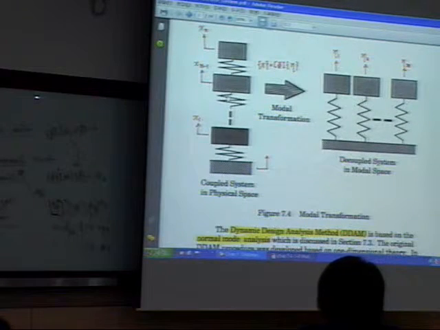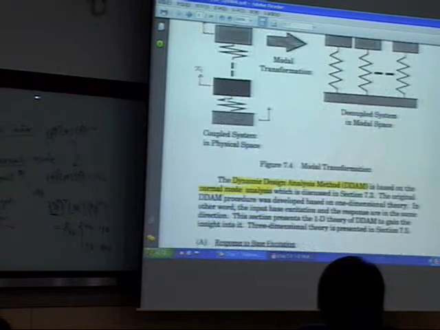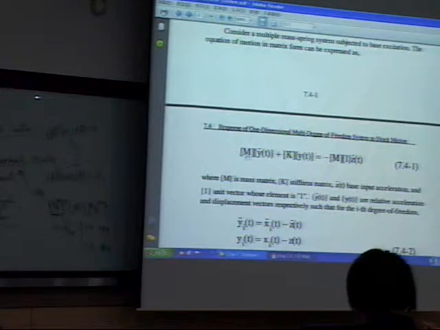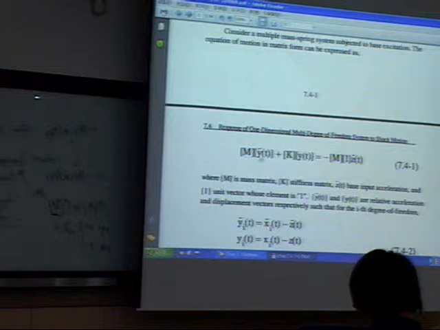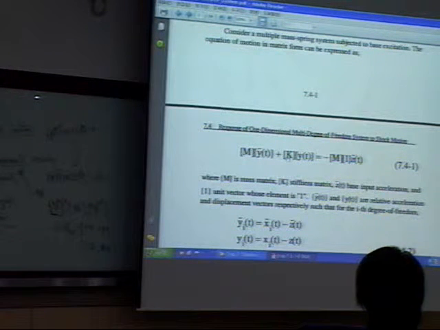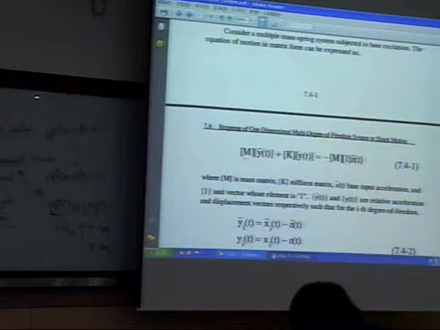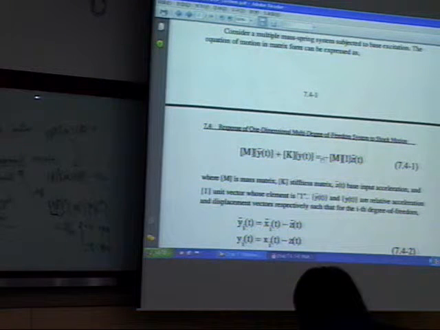So again, it's the beginning of DDAM. If you write the equation of motion, m y double dot plus k y equals minus m z double dot, it has an identical format, except rather than a single value you have matrix notation.